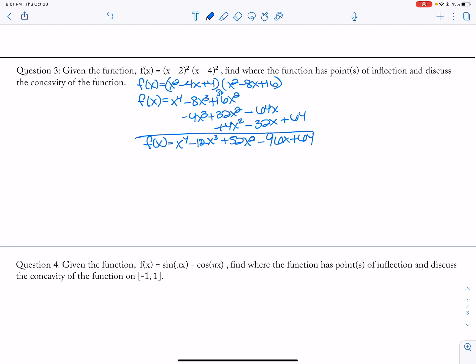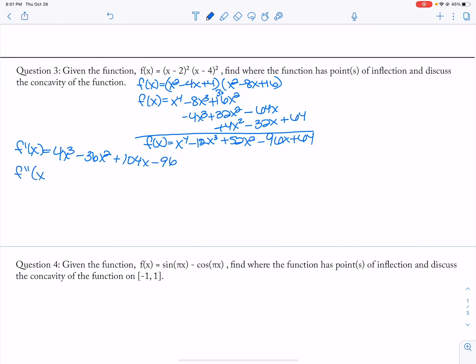Okay, so I'm going to take a derivative. So f prime of x is equal to 4x cubed minus 36x squared plus 104x minus 96. And then I'm going to take another derivative again.